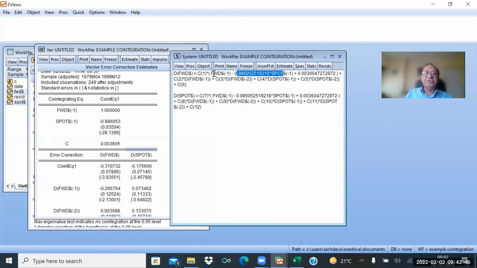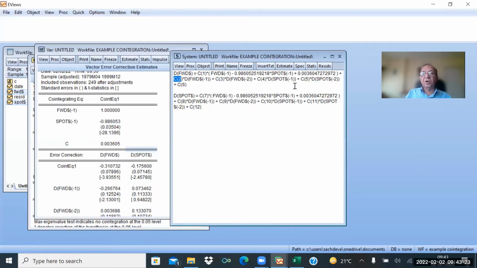Now, this whole equation, up to the first bracket, is called the cointegrating equation. And all the others are your vector error correction. First one is C2. C2 is the first difference of the lagged one, that is minus 266, but the difference is not written there, D forward minus 1. Similarly, C3 is difference forward lag 2.